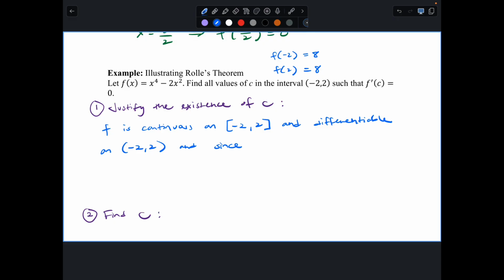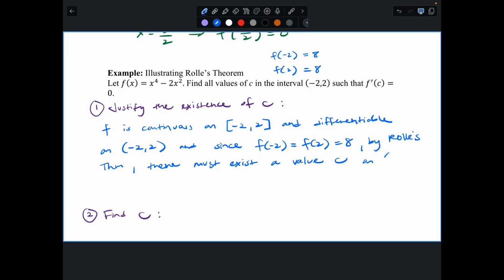Okay, so since f of -2 equals f of 2, which is equal to 8, by Rolle's theorem, there must exist a value c on the open interval from -2 to 2 such that f prime of c is equal to 0. Use the language that's in the problem.